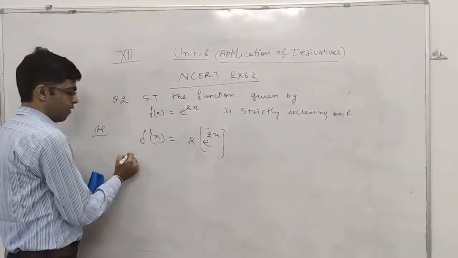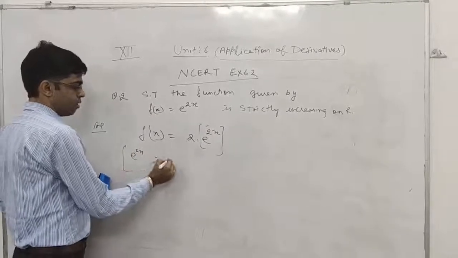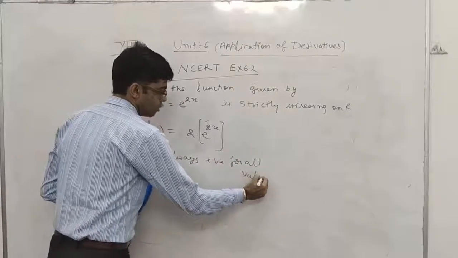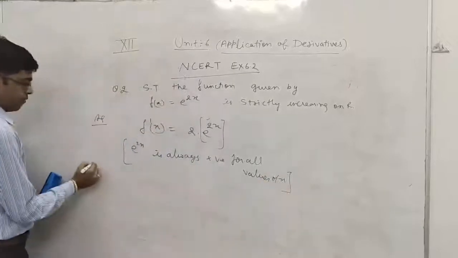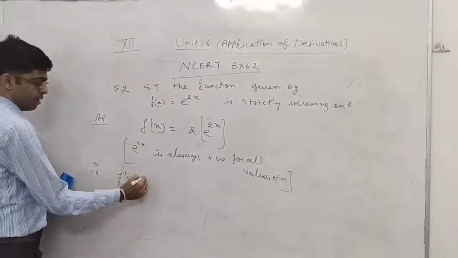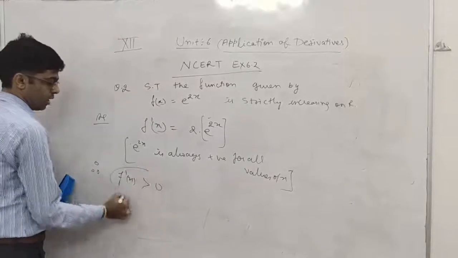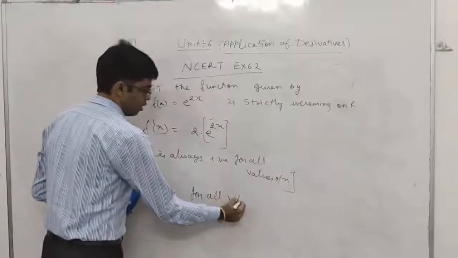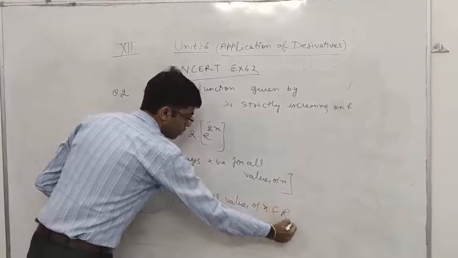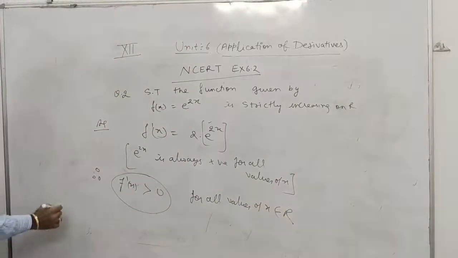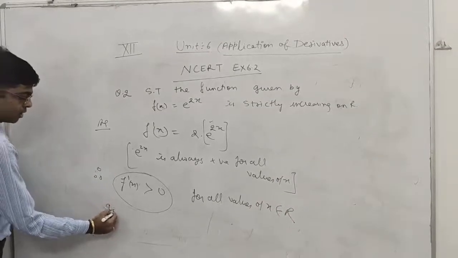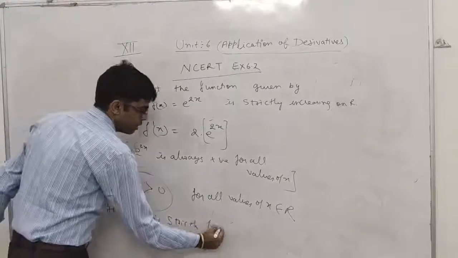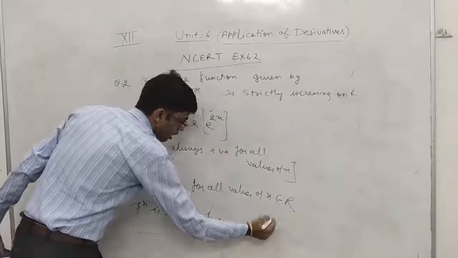So f dash is always positive for all values of x, which belongs to real numbers. Therefore the given function is strictly increasing on R.